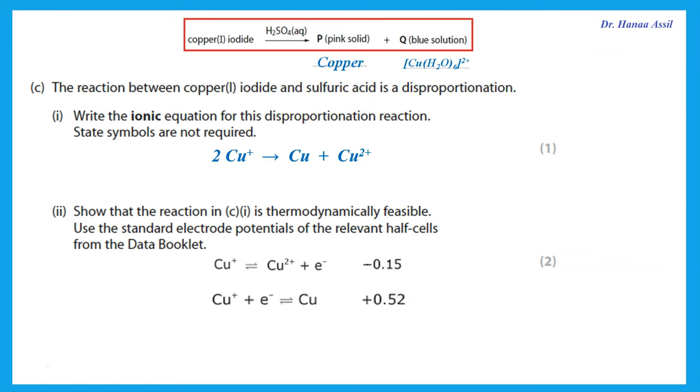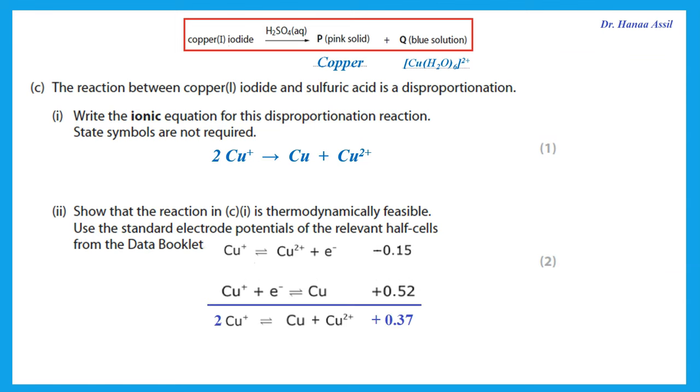Now the other change was copper plus to copper metal, that from the data booklet is plus 0.52. The overall E cell for this reaction is plus 0.37. That is a positive value, and so the reaction is feasible.